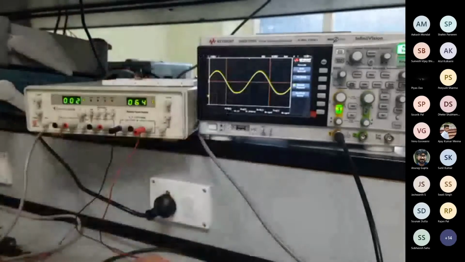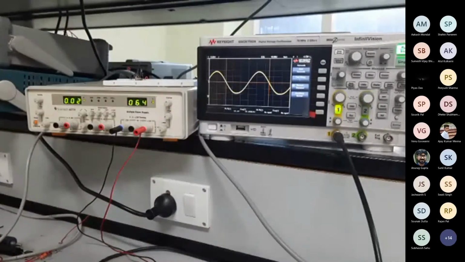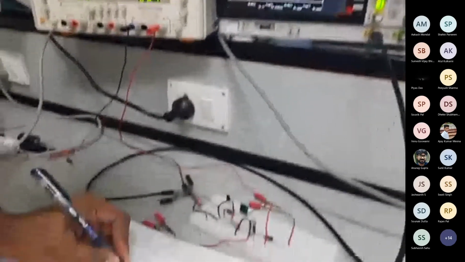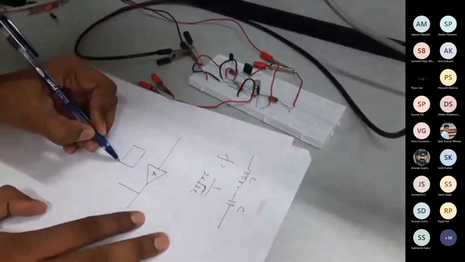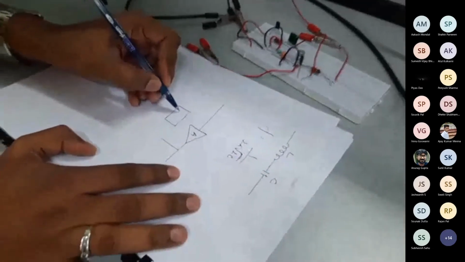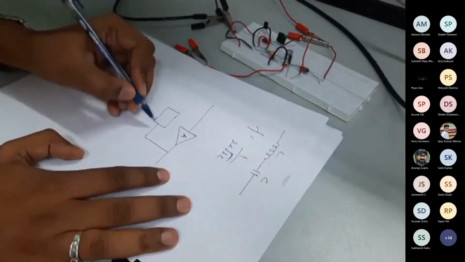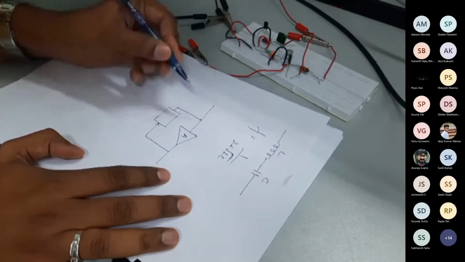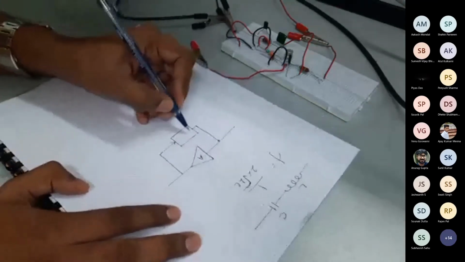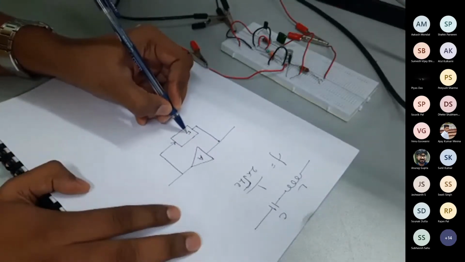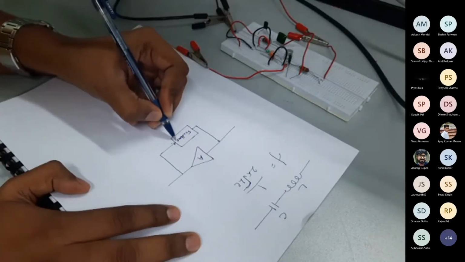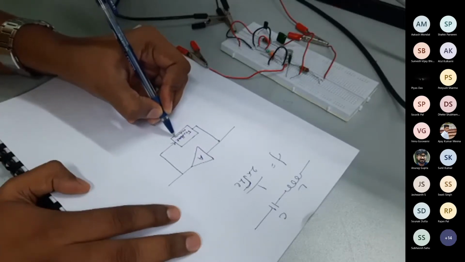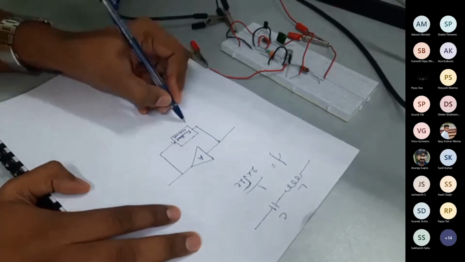These two things. So suppose I have some amplifier, A, and this is a feedback network, which is nothing but a resonator.